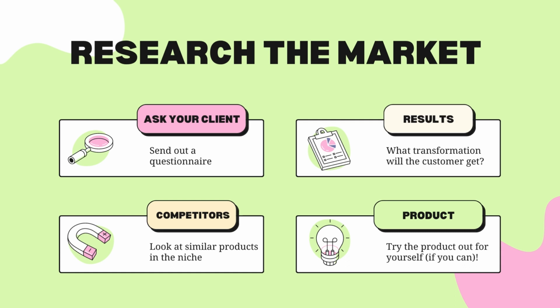So say, for instance, you're working with a fitness coach who is selling a 30-day weight loss program. Easy, right? So the results are, you're going to lose X amount of weight in X amount of days. So that's the sort of clarity you want going into writing this sales page. If you're not clear on what the result is or what the transformation is, you're not going to be able to write a good sales page.